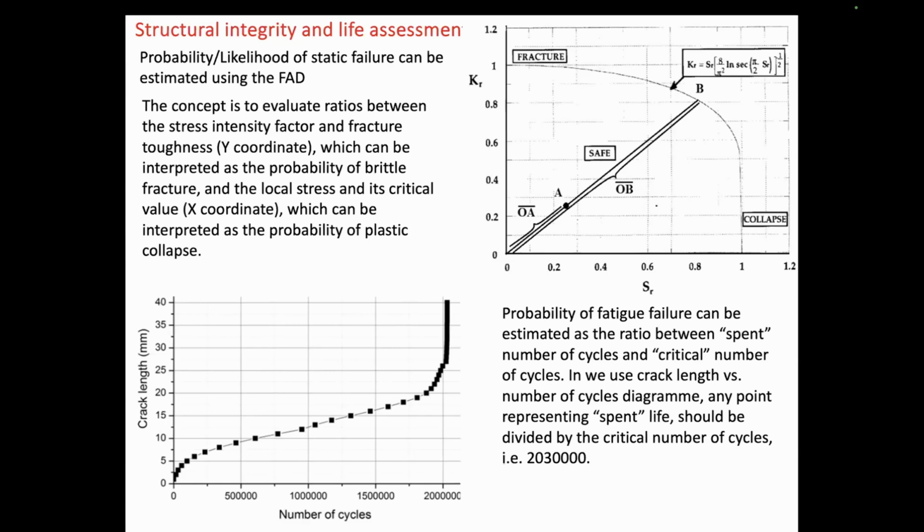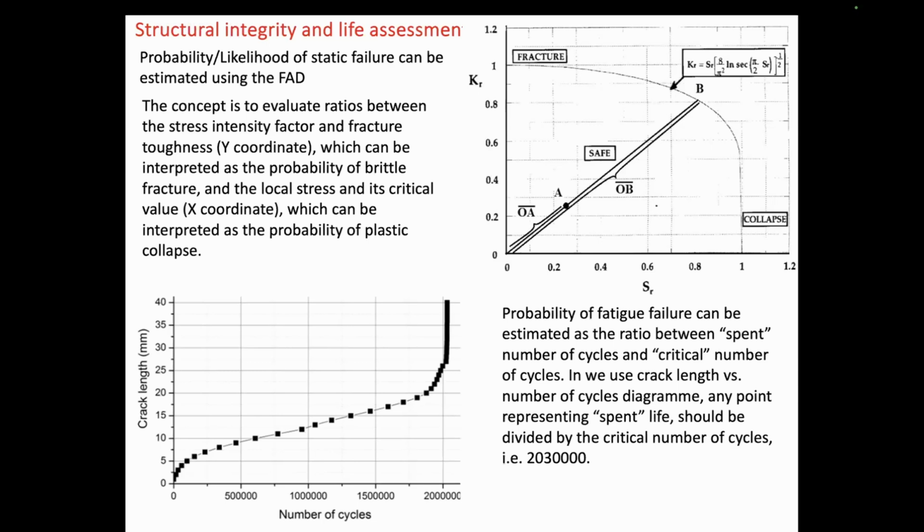Outside this limit, it is not safe, not necessarily that it will fail, but you don't count on its safety. Since at this point likelihood is 0, and at this point likelihood is 1, because we reached the limit state, any point in between is just a ratio between this and that.